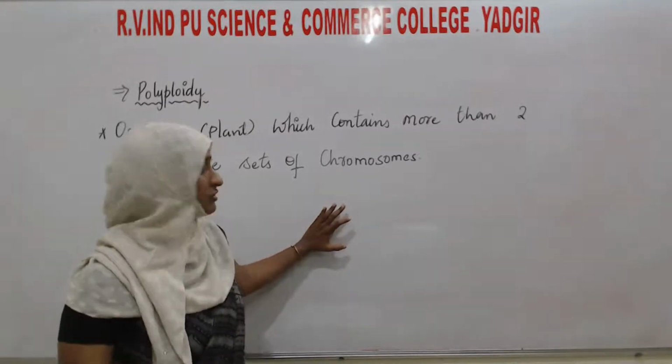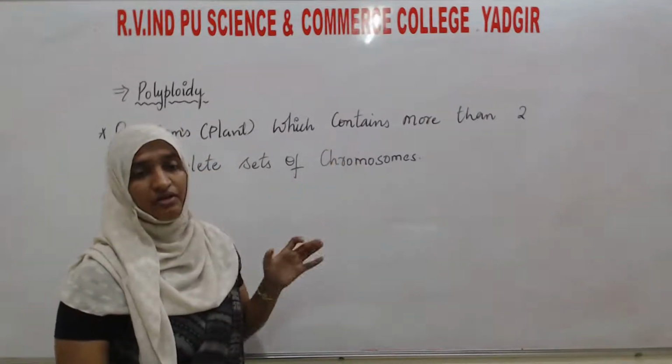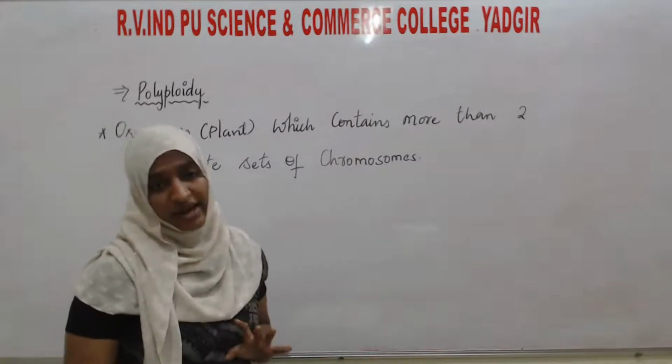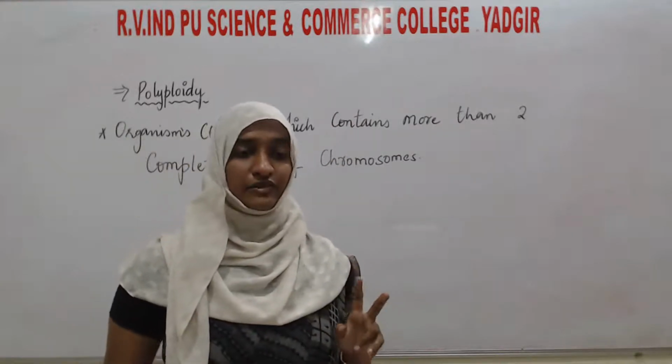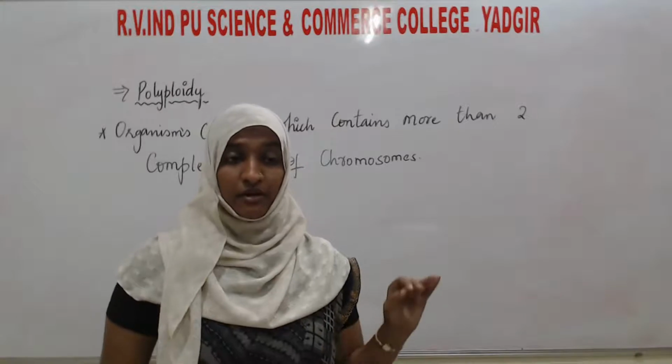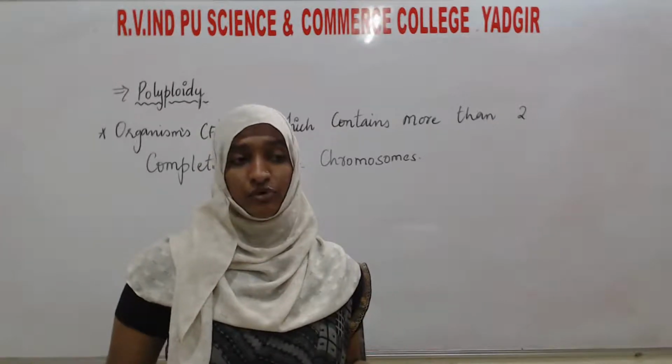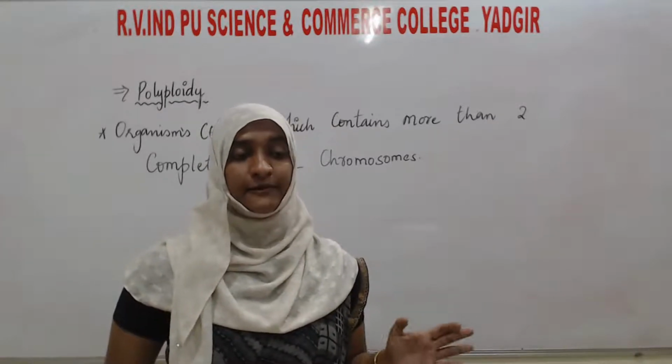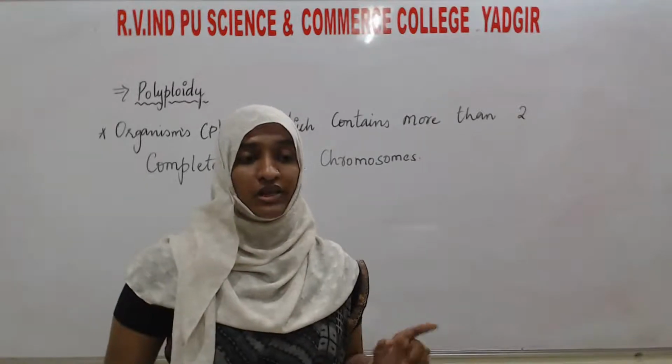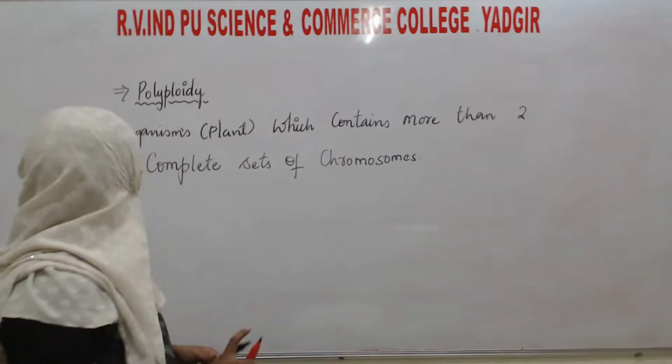In a normal organism, either animal or plant, there will be the presence of 2 sets of chromosomes. But more than 2 sets of chromosomes means that is known as polyploidy. Listen carefully.